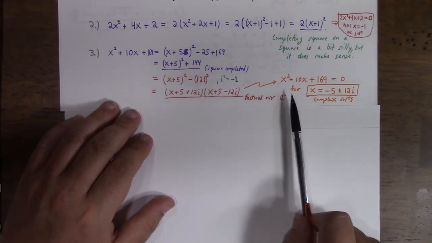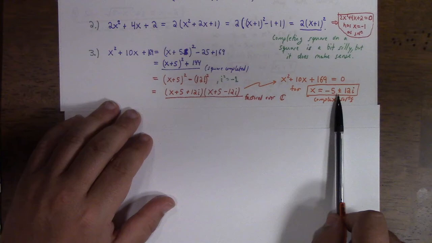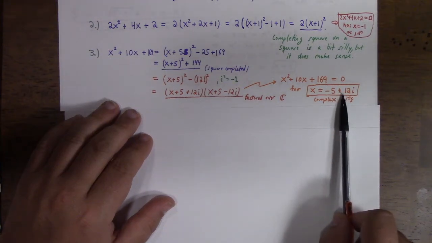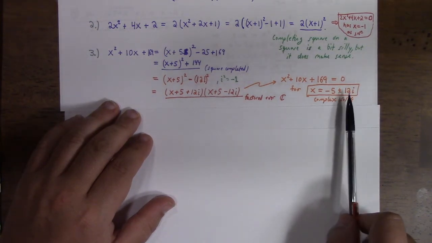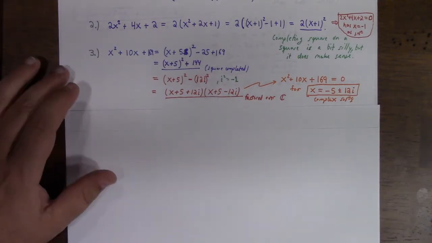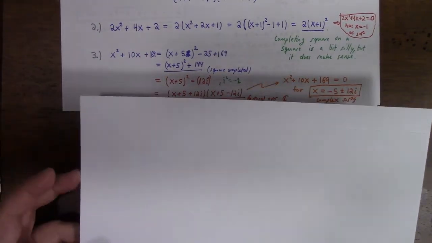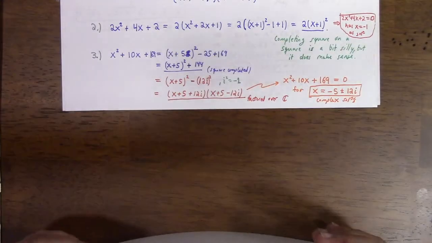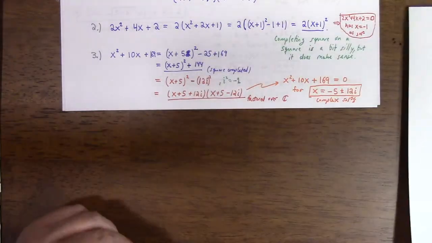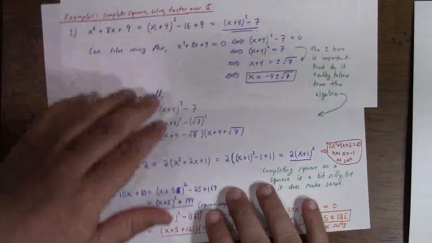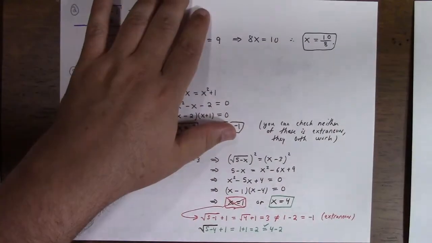Now, of course, you could also derive these genuine complex solutions using the quadratic formula, if you so desired. I have nowhere used the quadratic formula because I think that factoring and completing the square is a superior method to using the quadratic formula. I used to use the quadratic formula.